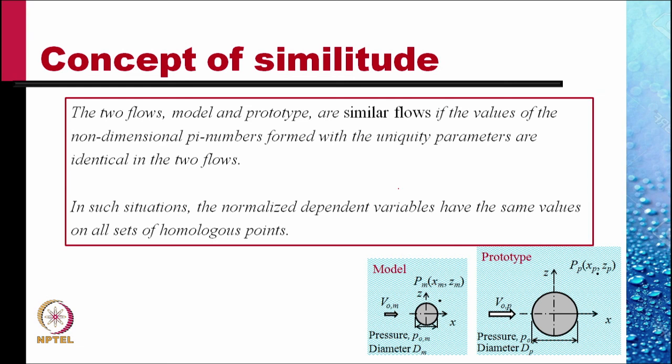The two flows, model and prototype, are similar flows if the values of the non-dimensional pi numbers formed with the uniqueness parameters are identical in the two flows. In such a situation, the normalized dependent variables have the same values at all sets of homologous points.